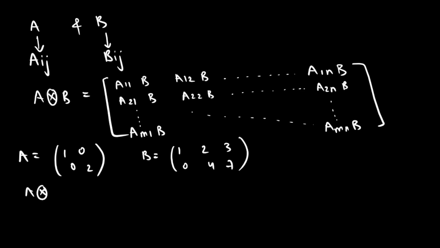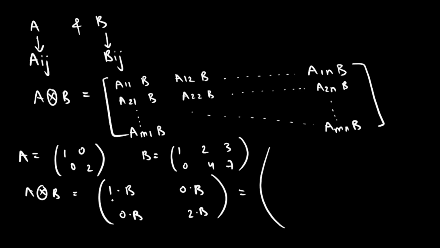So A tensor product B would be equal to, from this general matrix, each element of A multiplying the matrix B. So it would be 1 times B, 0 times B, 0 times B and 2 times B. Here these scalars are multiplied with each element of this matrix B. So this would give us a bigger matrix. When 1 multiplies with B, we get 1 2 3 0 4 7.